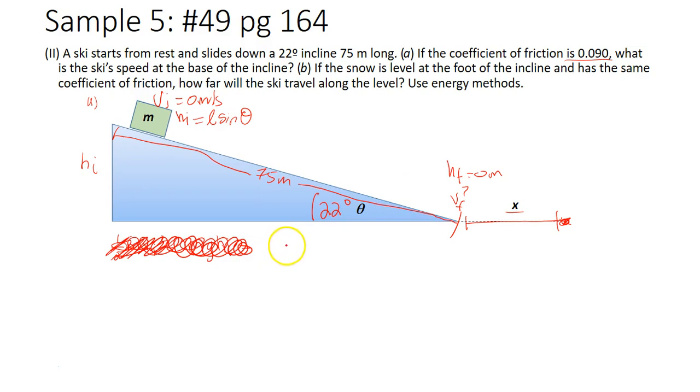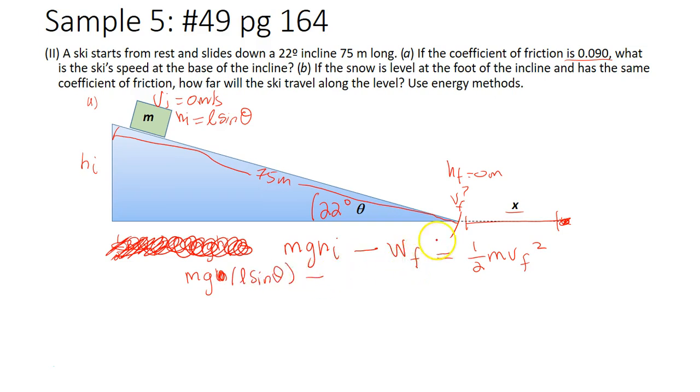We start off with potential energy minus the work done by friction equals the kinetic energy. As such. Okay, so I'm going to go ahead and start plugging more values in. So what I have now is mgh, sorry, mg L sine of the angle.